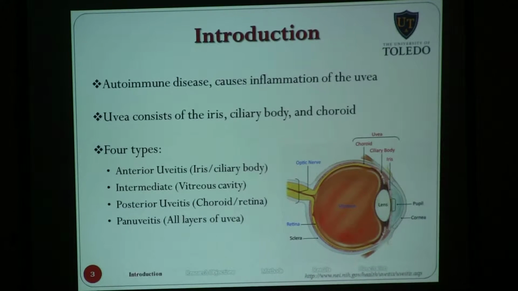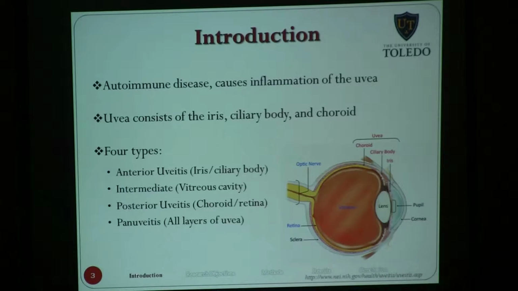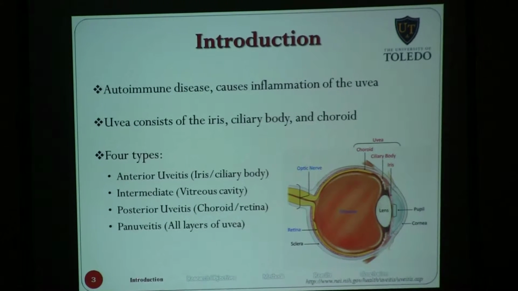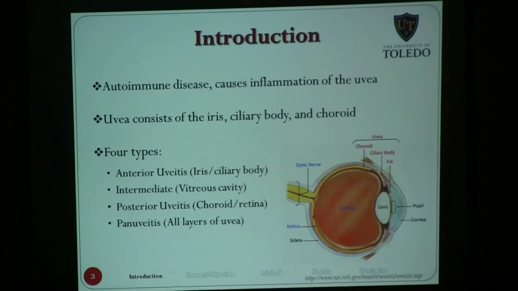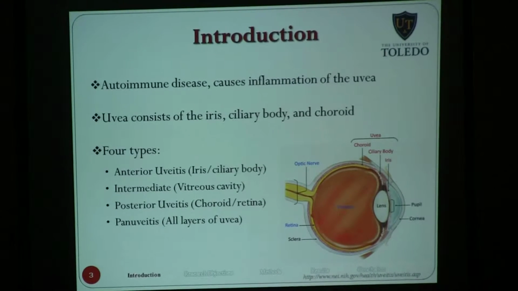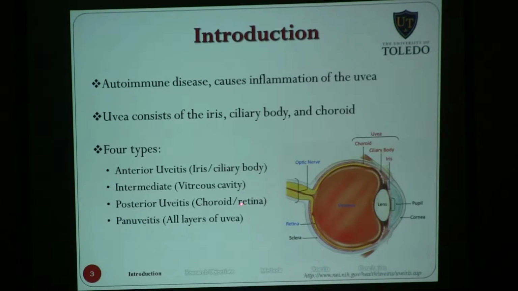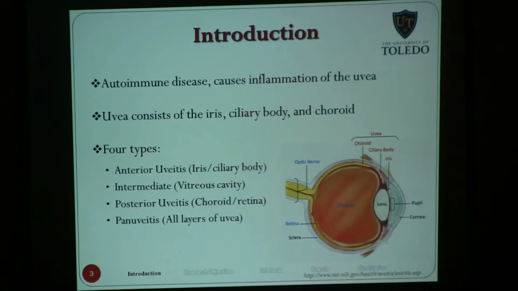Based on which tissue is inflamed, we can classify uveitis into four categories. One is anterior, next intermediate, then posterior, and panuveitis. And today we are interested in posterior uveitis, which is mainly the inflammation of choroid and retina.